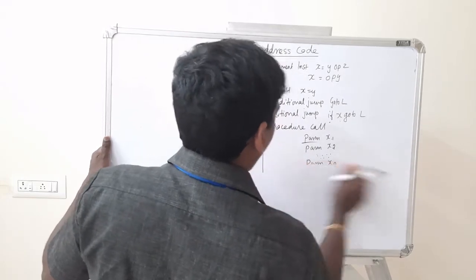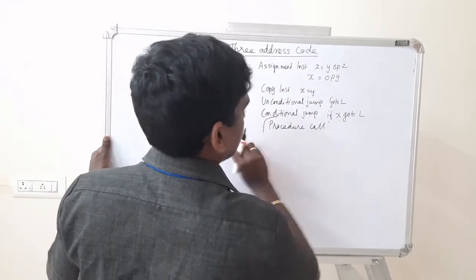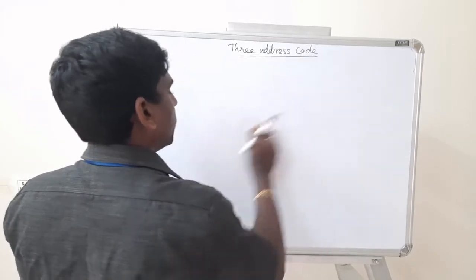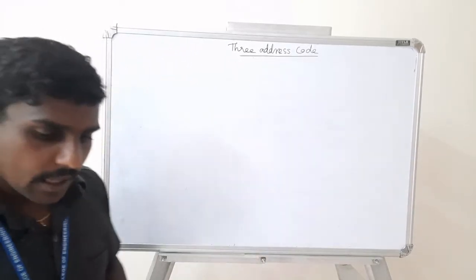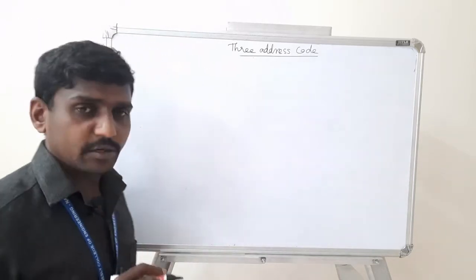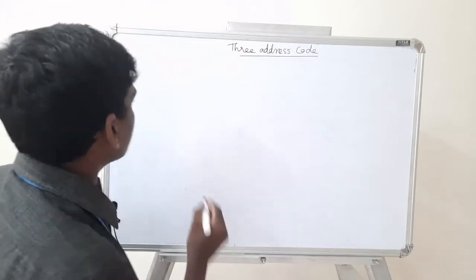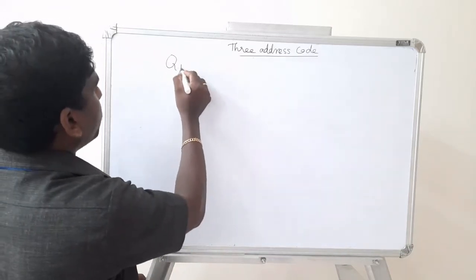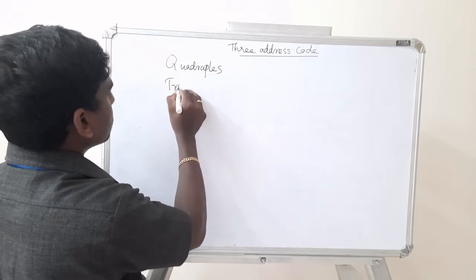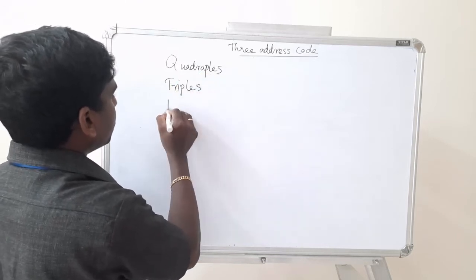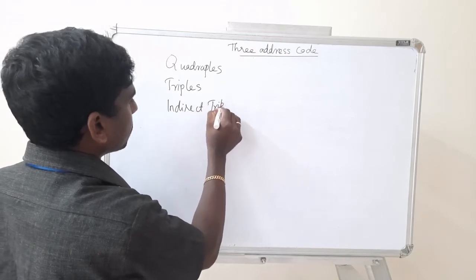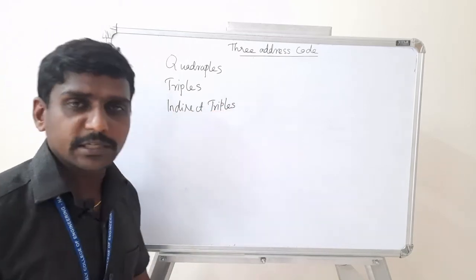So this is the form of some instructions, that is 3 address code. We are going to use these instructions. Clear? And next one is implementation of 3 address code. There are 3 types of implementation: quadruples, triples, and indirect triples.